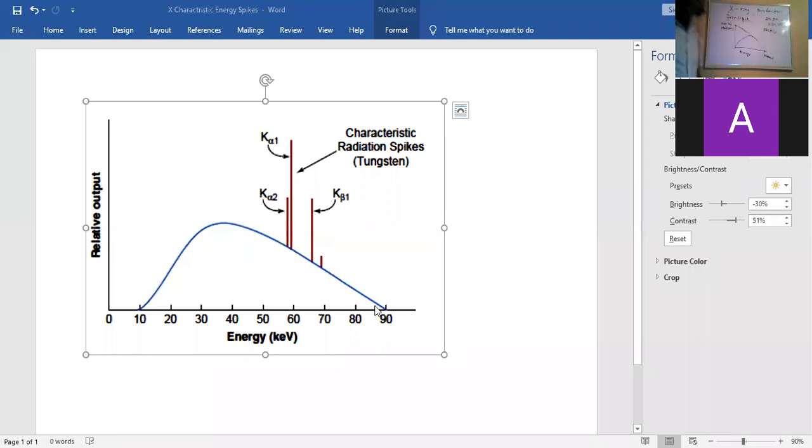Then there is another factor, which we're going to see much later, the major factor that determines X-ray production.